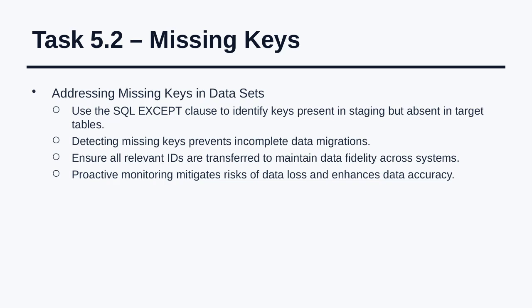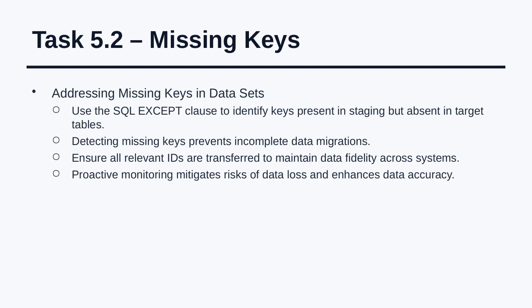When working with data migrations, one common challenge is identifying keys that exist in the staging area but are missing in the target system. Using the SQL except clause is a straightforward way to find these discrepancies by comparing key columns between the two tables. Detecting these missing keys is essential because it helps prevent incomplete data transfers, which could lead to gaps in your reports or analysis.